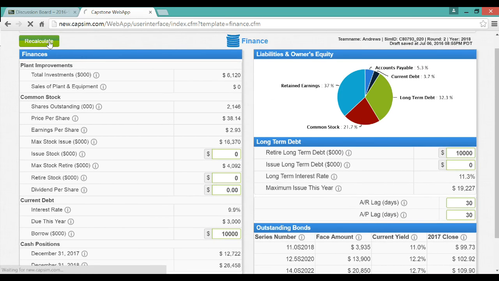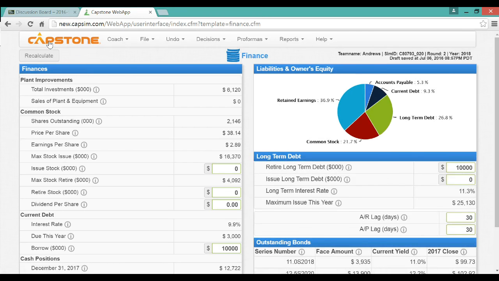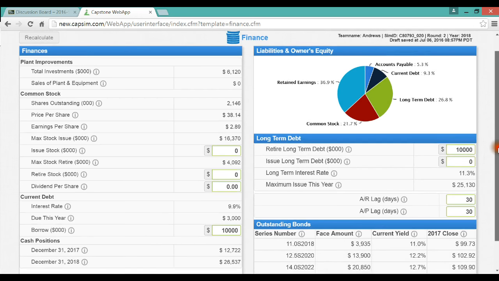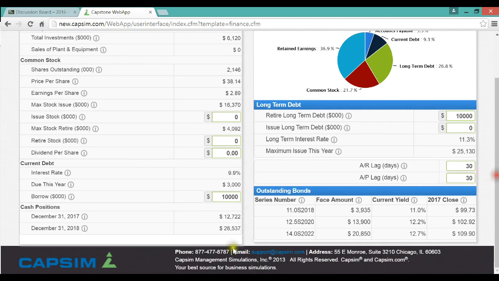And when I hit recalculate, you can see that took effect here. Also, you'll notice that the current projection for my cash in 2018, so next time after I process this round, it went up. So really, I could retire more of that debt if I want to.